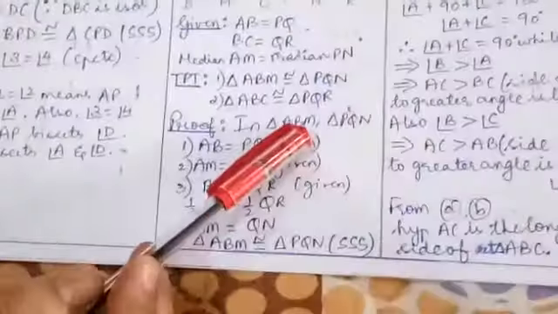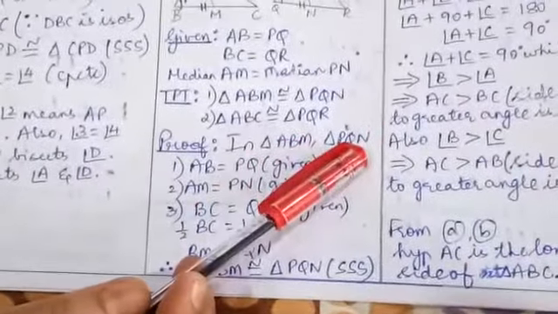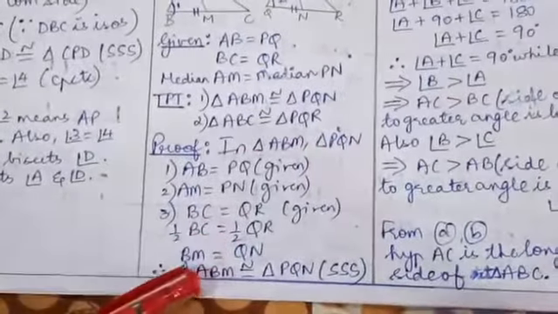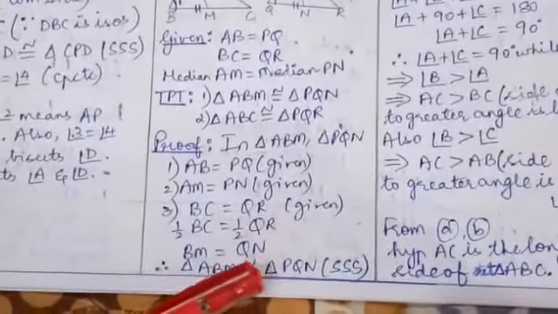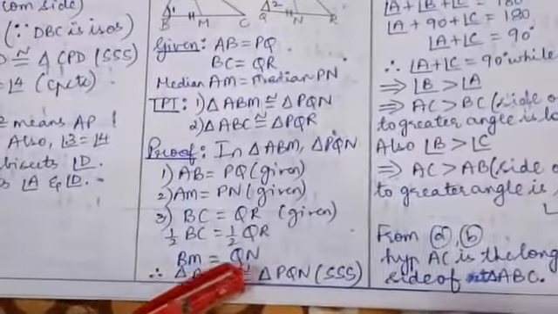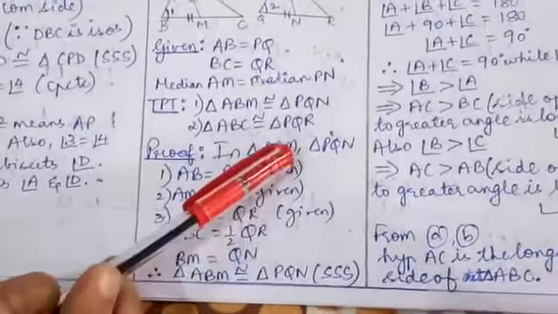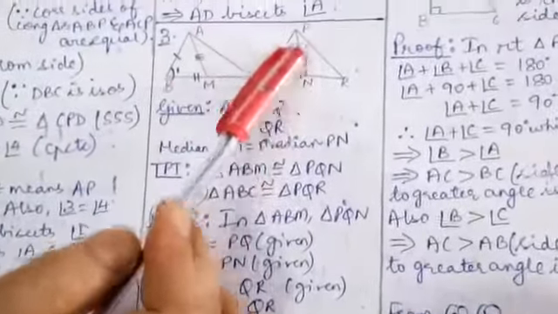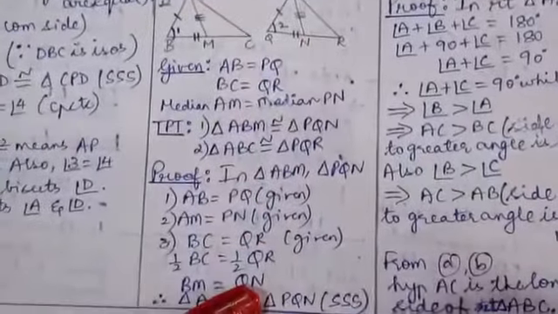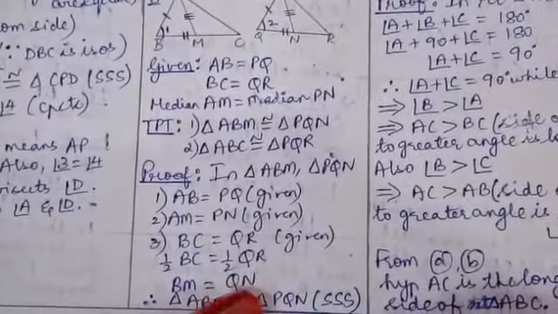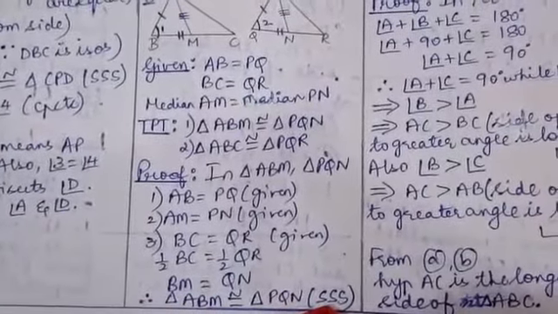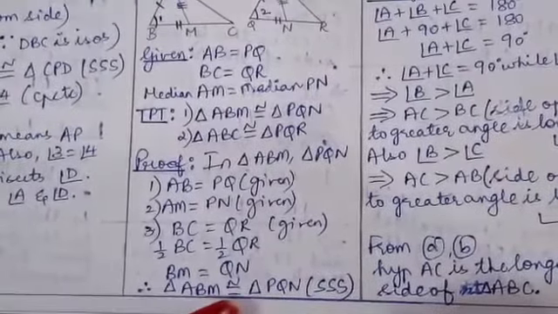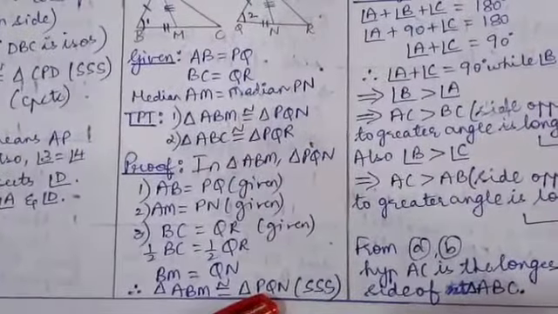So since we need to show that these two triangles are congruent, half of BC is BM, half of QR is QN. So now BM of this triangle is equal to QN of this triangle. So by the SSS congruence criterion, triangle ABM is congruent to triangle PQN.